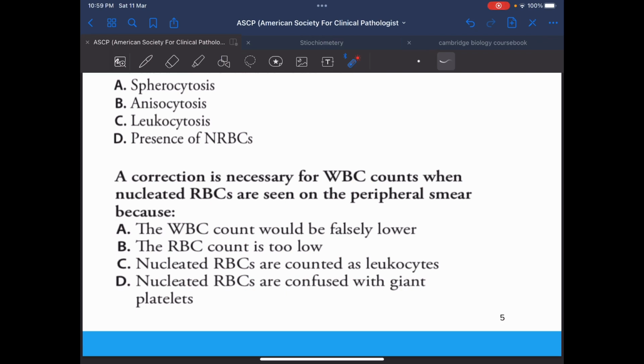So the correct answer is C, because the machine will count the nucleated RBCs as leukocytes.